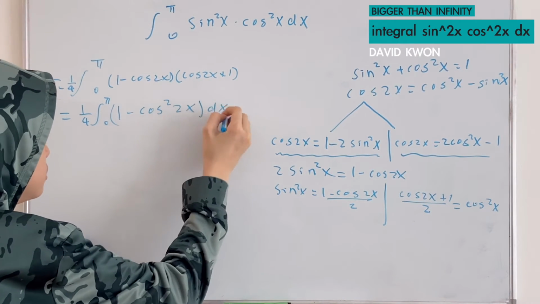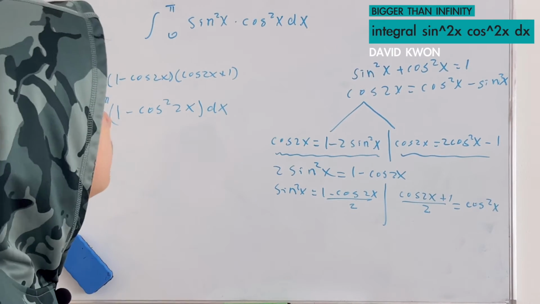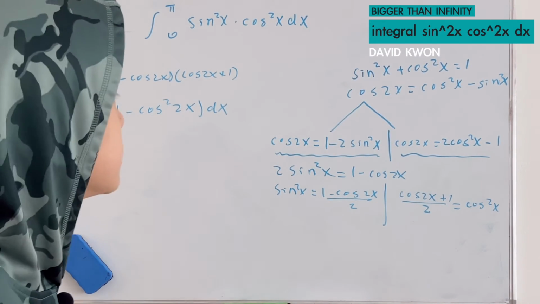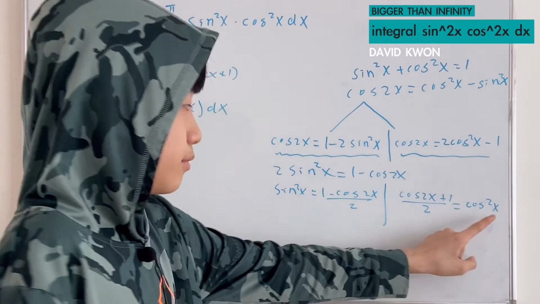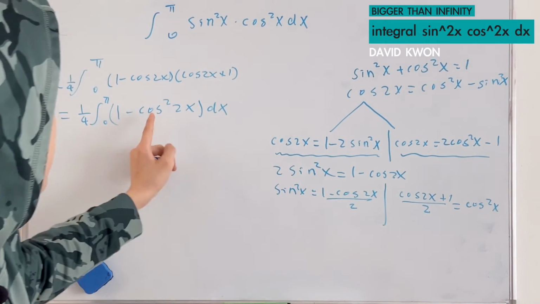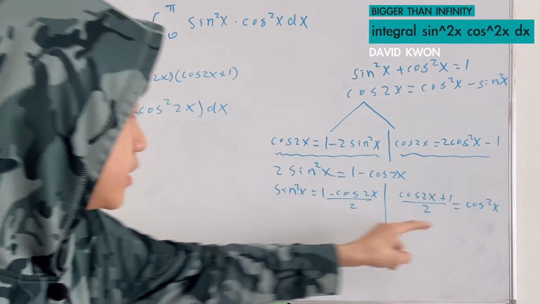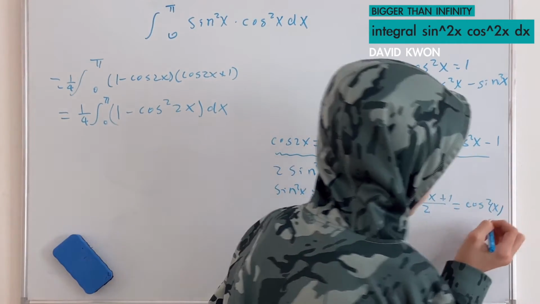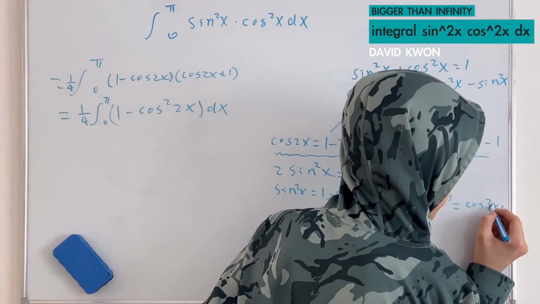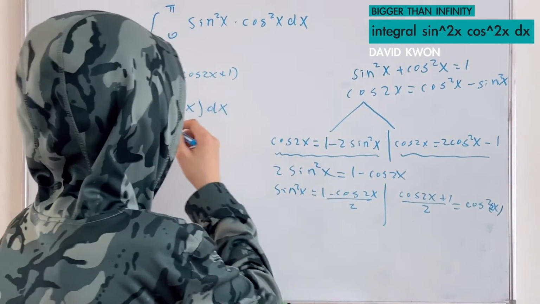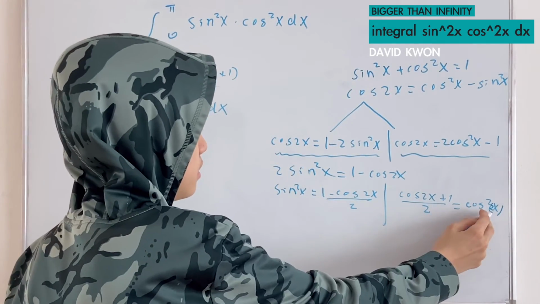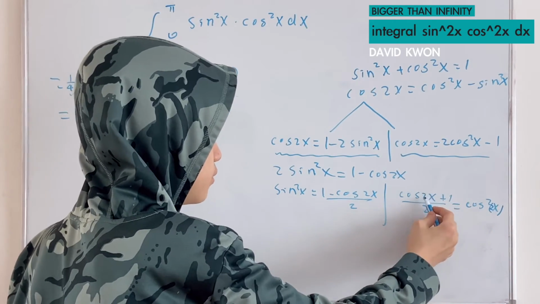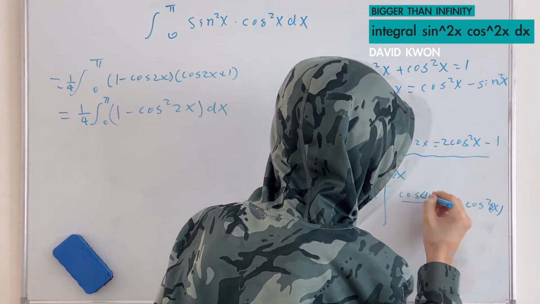And how do we do cosine squared 2x? Well, from right here, that's a cosine squared x we are trying to find, but this is only cosine 2x. And of course, there are parentheses like this. But if there's a 2 in front, 2x, they're the same thing. If I have 2 here, then we have 4 here. Very cool.